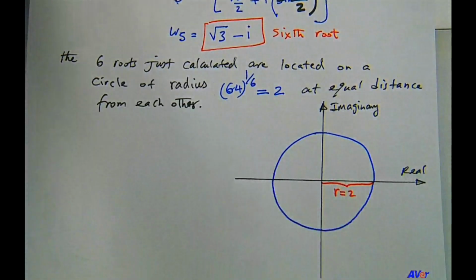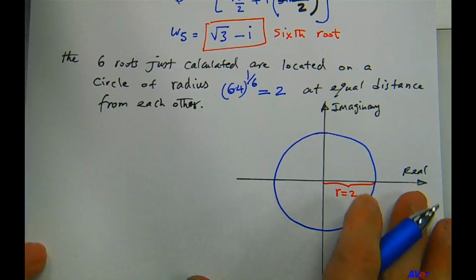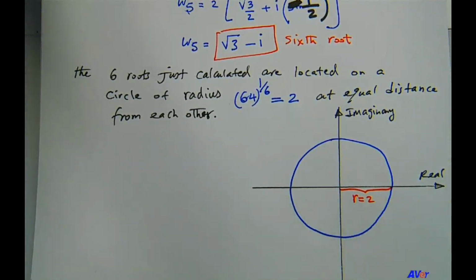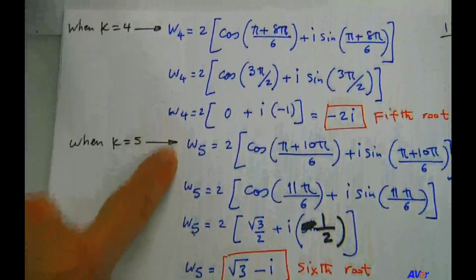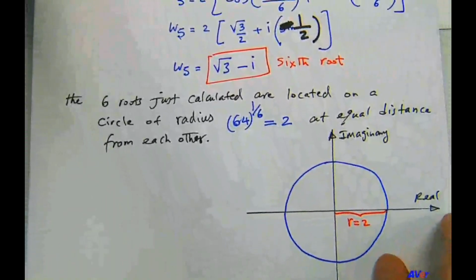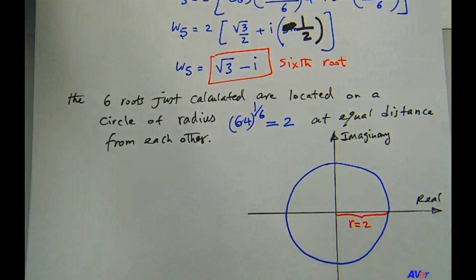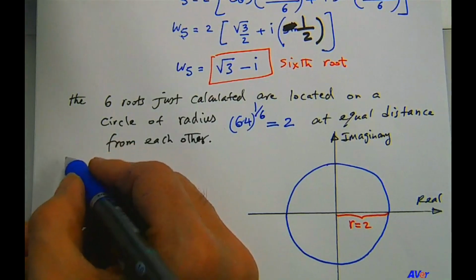And then our angles were as follows. So where are these roots located? I mean, W0, W1, W2, W3, W4, W5, all of these roots that we calculated. We need to locate those. They are associated with those angles that we had. So here are those angles.